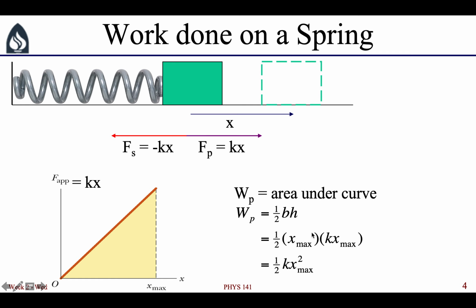So that would be k times x max. Simplifying this expression, we get 1/2 k x max squared. And so this becomes the amount of work we need to do in order to stretch a spring out a distance of x max from its relaxed position.